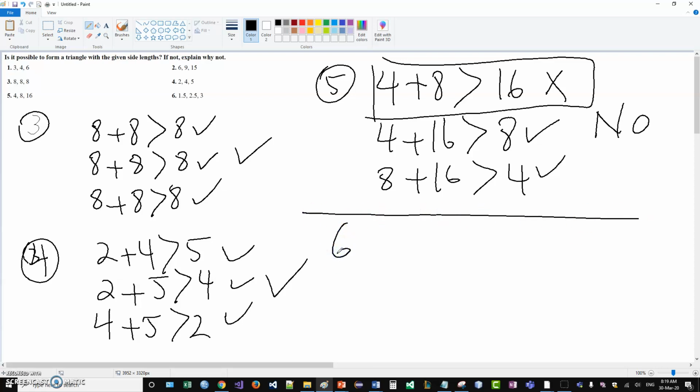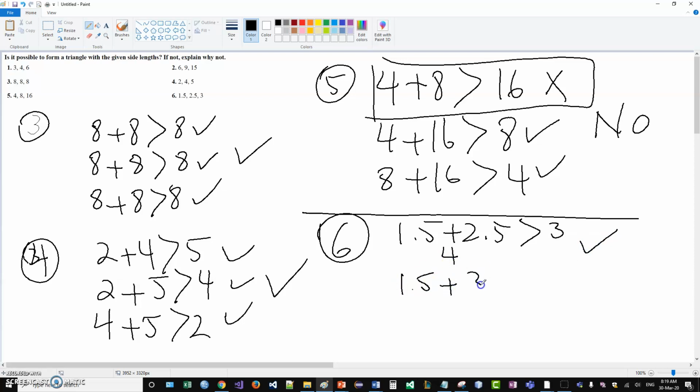Now for number 6, we have 1.5, 2.5, and 3. 1.5 plus 2.5, is that greater than 3? Yes. 1.5 plus 3, is that greater than 2.5?